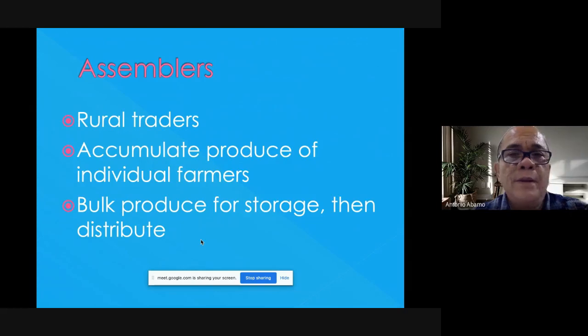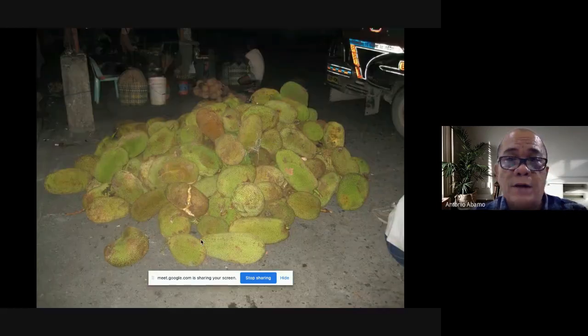Now, just like this one, these are early morning assembly of green jackfruit from a certain municipality in Leyte. It's 3 o'clock in the morning. Farmers are arriving, bringing a few pieces of green jackfruit. These are jackfruit for vegetables.